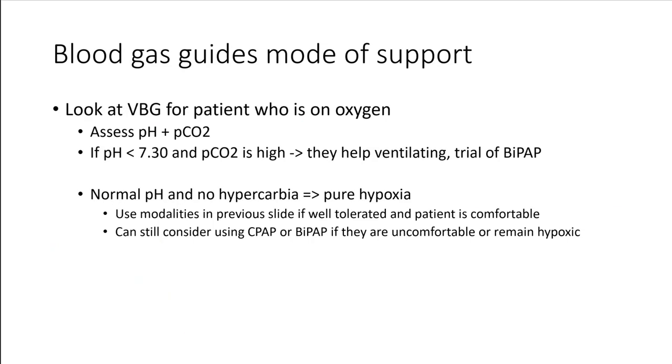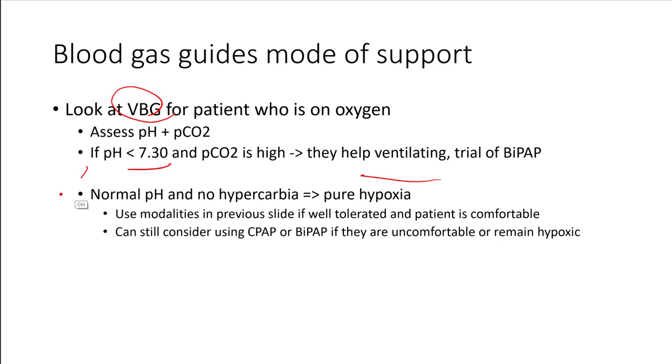Often the decision as far as if you're going to use BiPAP or if you're going to need to try high flow nasal cannula for somebody who's getting sicker is driven by your blood gas. And if somebody is developing acidosis, then you're going to need ventilatory support in the form of either BiPAP or intubation. And often you're trying to avoid sending people to the ventilator, and that's where BiPAP can be helpful.